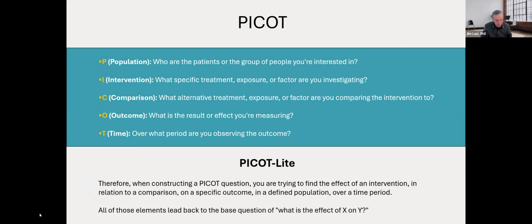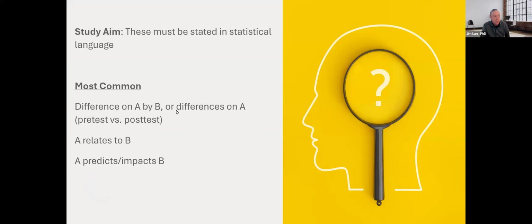So even though you're doing this grander PICO, try to think about the nuts and bolts of my question, which is really what is my variable or variables and what is the comparison I'm doing here. Call that PICO light.